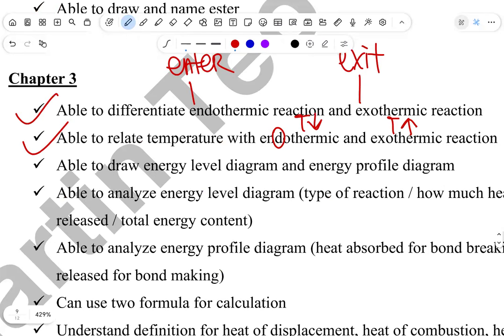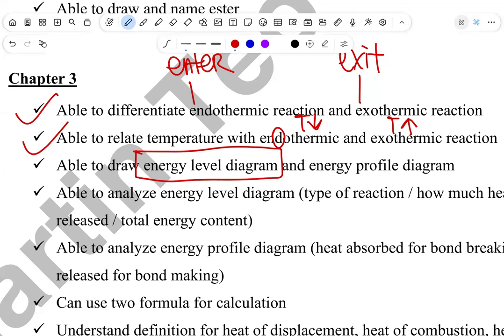Okay, done? So make sure everyone knows the differences between energy level diagram and energy profile diagram. Okay, 1 minute revision. I am very delighted to hear from you. So guys, energy level diagram. Anyone can tell me what is the shape of an energy level diagram?